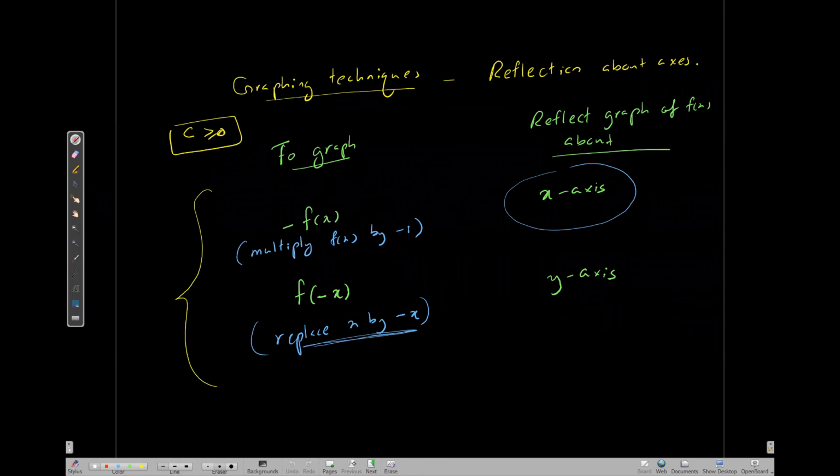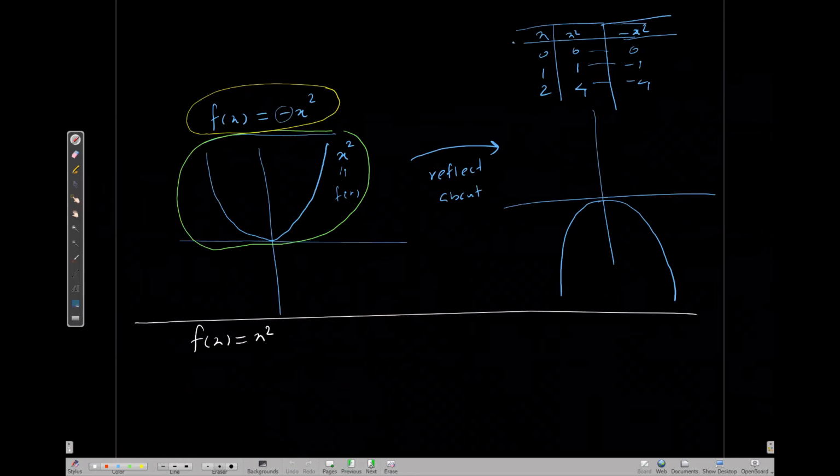Can you think of how minus f of x and f of minus x apply to this function? The first part is easy: minus f of x is just minus x squared, which reflects upside down.